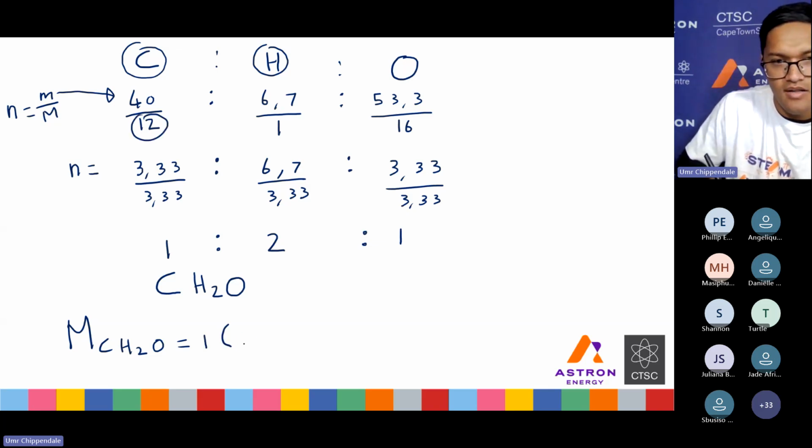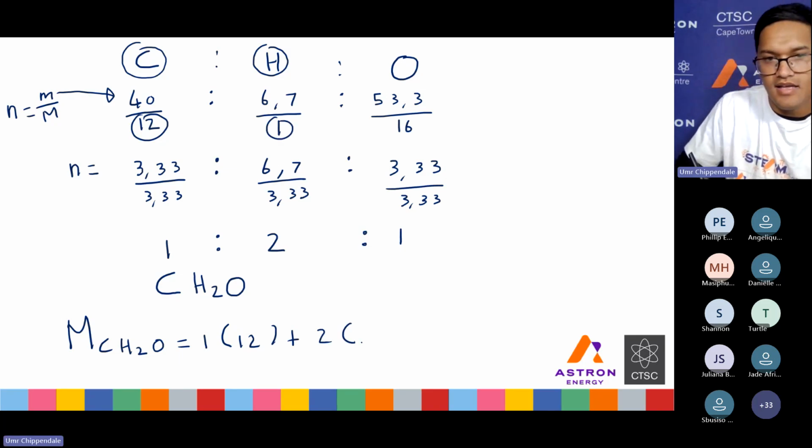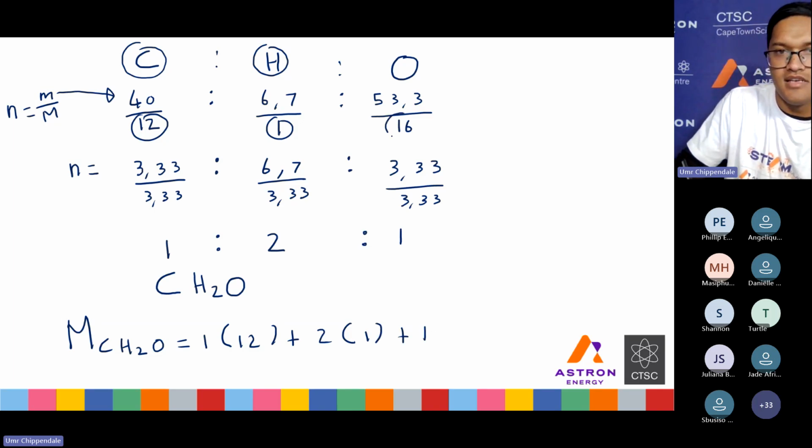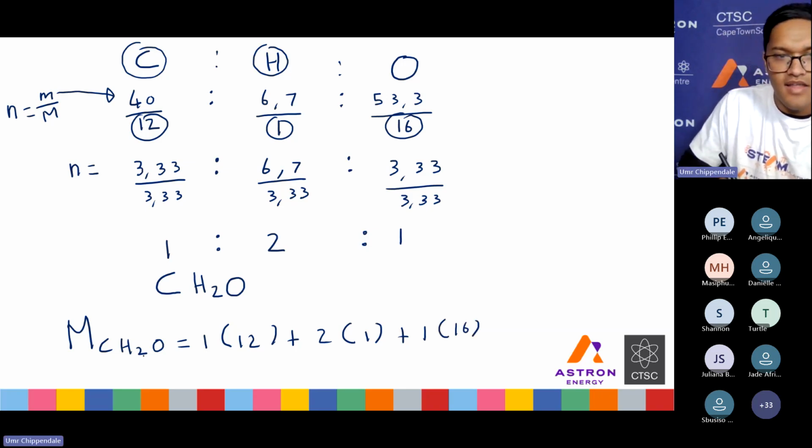So you write 12 plus 2, the molar mass of hydrogen is 1, plus our oxygen, there is 1 oxygen, and its molar mass is 16. If you type all of that in your calculator, you'll get an answer of 30. And because it's molar mass, it is grams per mole.